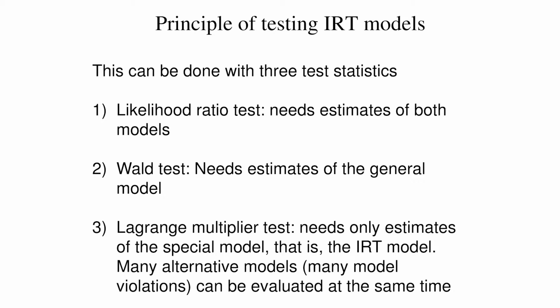In likelihood ratio tests you estimate both models and you compare their fit, so you estimate a general model and you estimate the IRT model, and you make some inferences about the ratio of the likelihoods of these two models. The second one is a Wald test, so that needs an estimation of a general model. And the third one is a Lagrange multiplier test that only needs estimates of the special model.